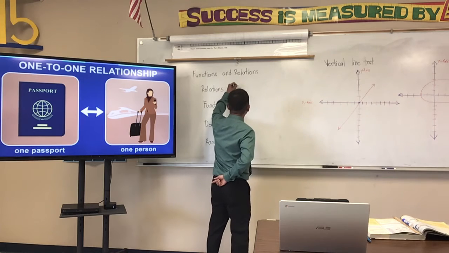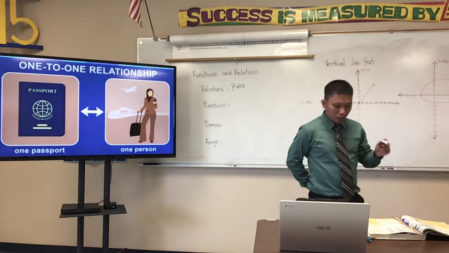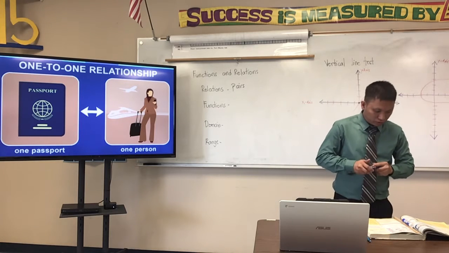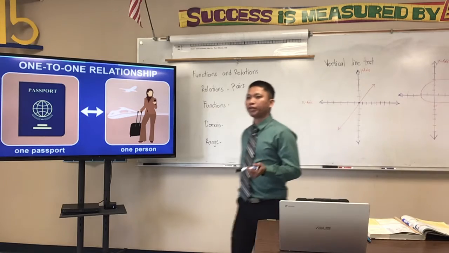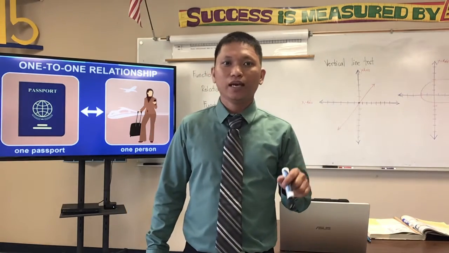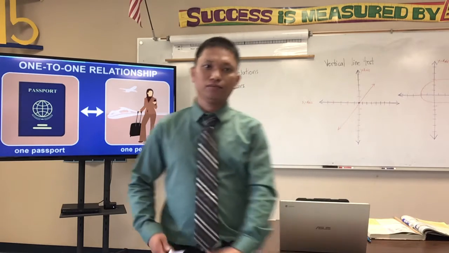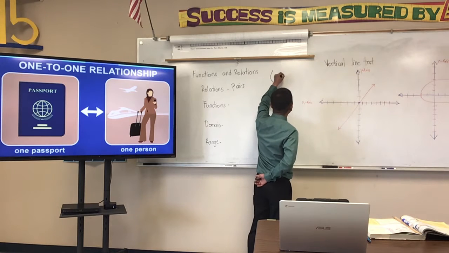So we have the pairs. For example, we have the ordered pairs. In the Cartesian coordinate plane, we have the ordered pairs, x and y. For example, we have the ordered pair (0, 2).